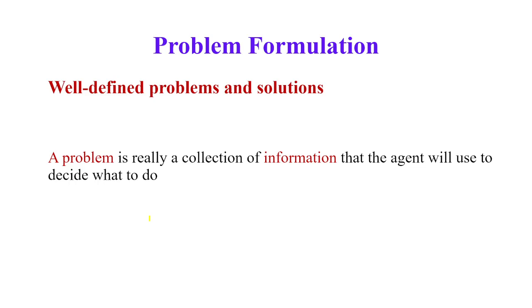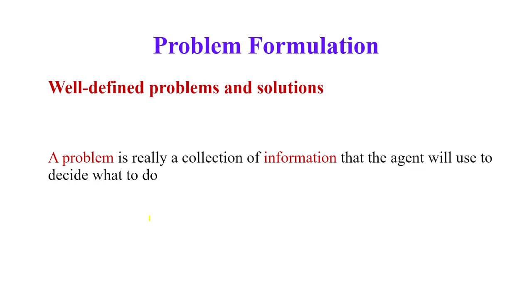Next, what is a problem in the AI sense? It is really a collection of information that an agent will use to decide what action to take.